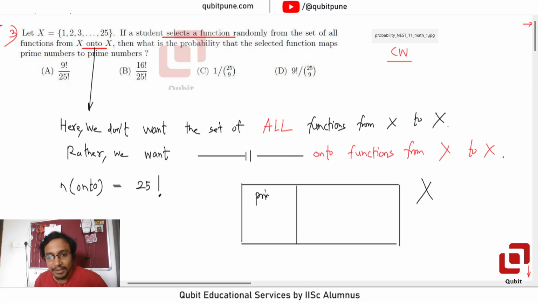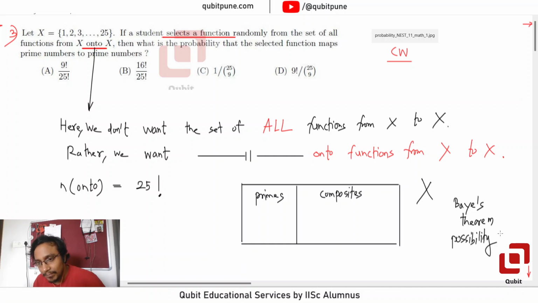So let's do that. A possible problem of Bayes theorem can also come on this, because that also requires us to consider partition प्राइम कंपोजिट में. ठीक है, क्योंकि वो बाय डिज़ाइन एक पार्टीशन बन जाता है वहाँ पे. Okay, composites and 1, because 1 is neither prime nor composite.